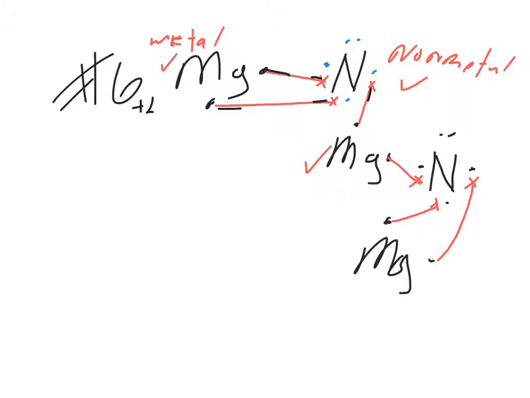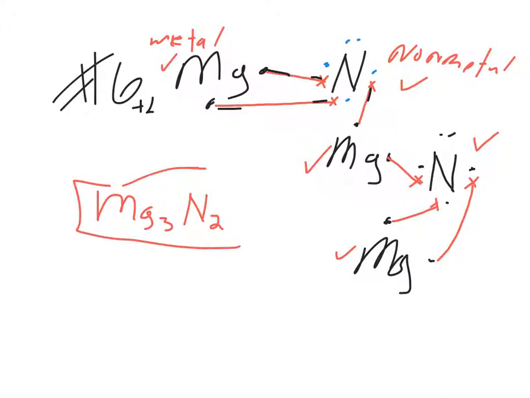Now is nitrogen happy? Yes. Is magnesium, has it fulfilled its job? Yes. Okay, so now it's balanced. How many magnesiums did it take? And how many nitrogens? Yep. This is my chemical formula. That's my bond. Okay? Are we all good?